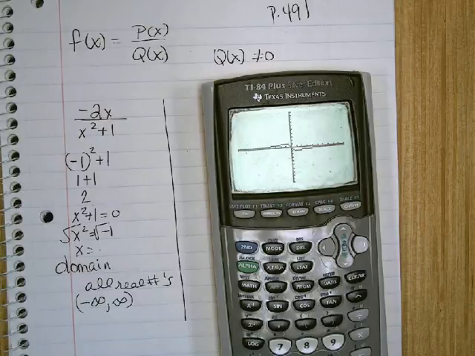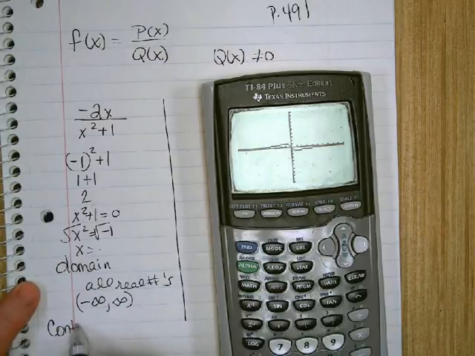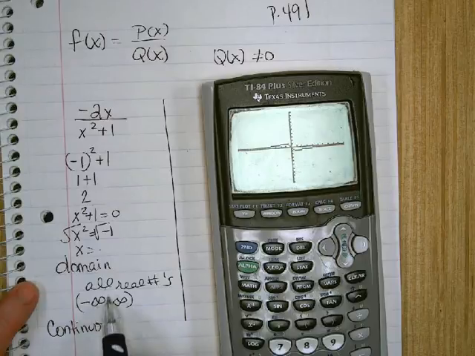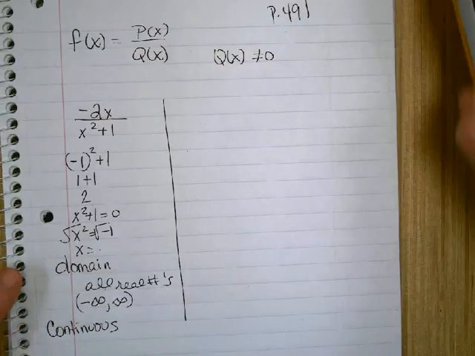Remember last week we were looking at those that had those branches and there were some asymptotes involved? Does this one have any holes or breaks in it? No. It is continuous. That goes hand in hand with being able to use any x value that you want in your domain.